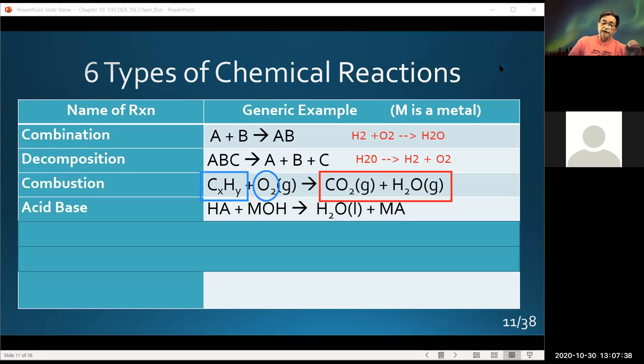Okay, second type. This one we talked about when we dealt with the acid-base reaction chapter. The reaction of an acid, and recall the definition of an acid, is any molecule or compound that produces a proton, that is the H+.